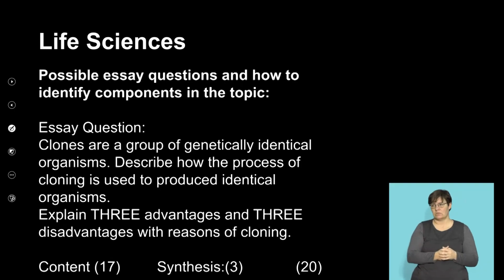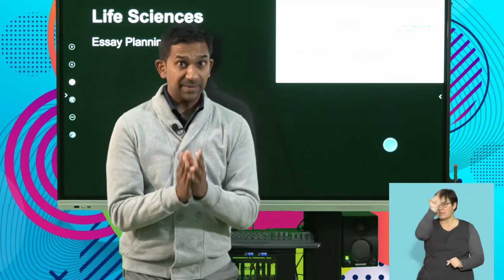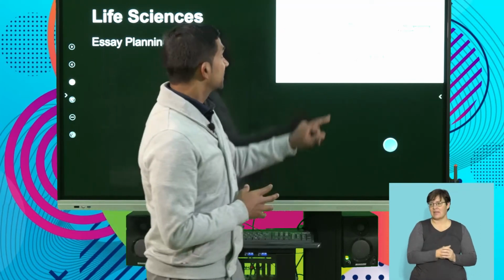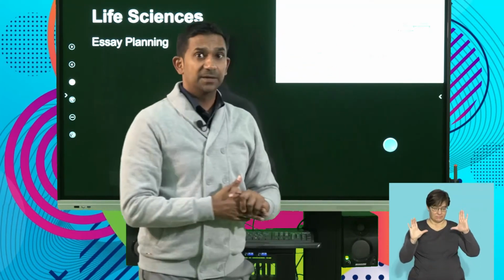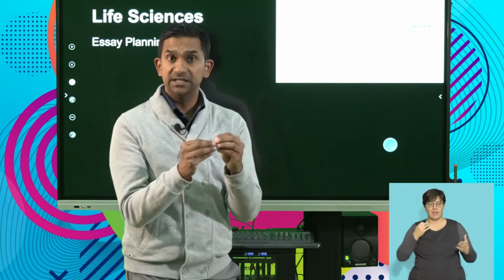In this slide, I've gone through and looked at how, in life sciences, different concepts can be linked together. As I wrap this segment up, I'd like to emphasize that in this little blurb I've put up, I've shown you that there are various factors that can be interconnected.